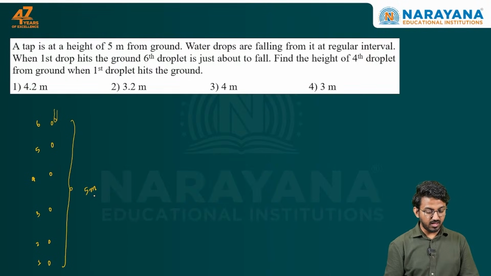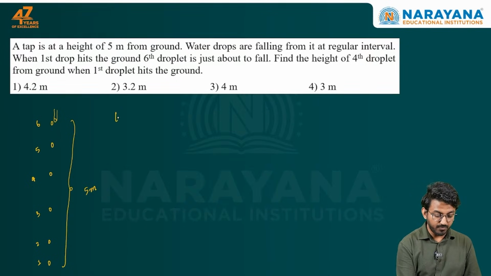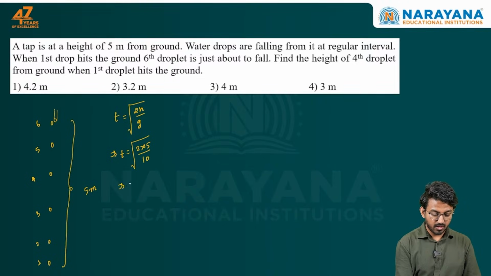From this we can see that the time taken for the first drop to fall is equal to root 2h over g, giving us t is equal to square root of 2 times 5 over g, which is 10 here, giving us t is equal to 1 second.